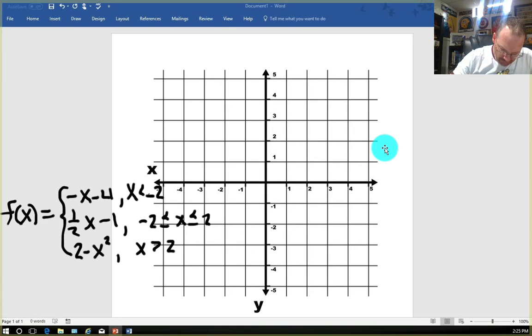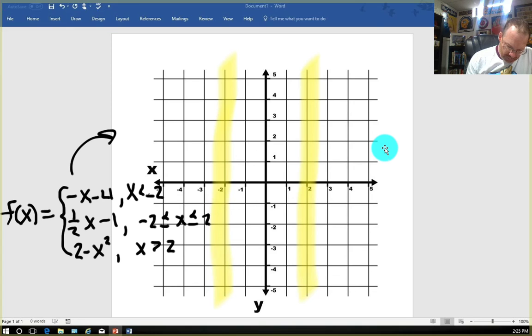All right, so the two border values, I'll use a highlighter here, right there and there. So I'm using this equation here, this equation in this region, and the last one over here.